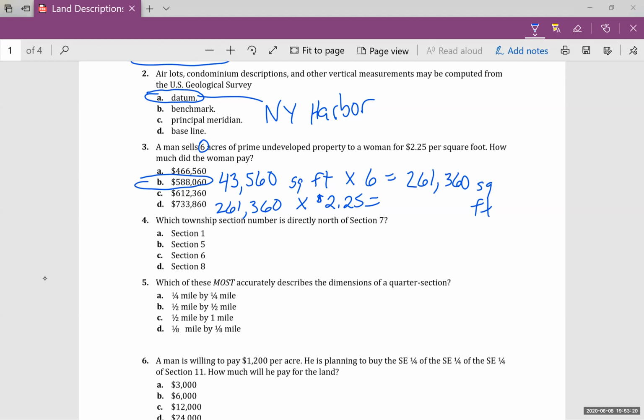All right, number 4. Which township section number is directly north of section 7? 6. C. Right? Everybody got C, section 6? All right. Number 5, which of these most accurately describes the dimensions of a quarter section?